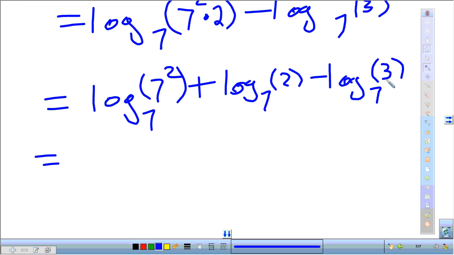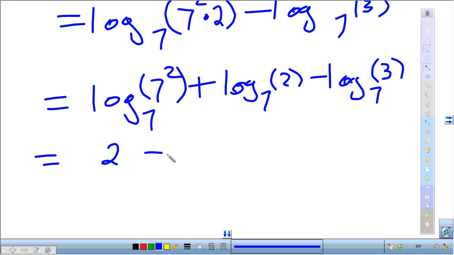Well, really can't go any farther. We can't really break it up into nice products of whole numbers or divisions. This first one, we could continue. We could make it 2 log base 7 of 7, or observe that for log base 7 of 7 squared, what is the exponent of 7?